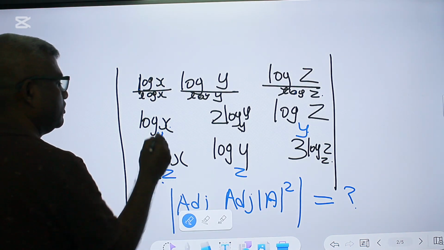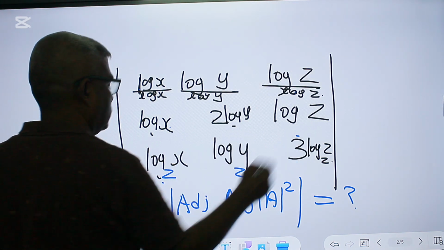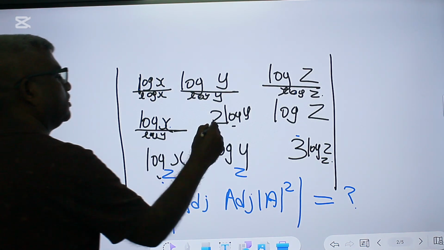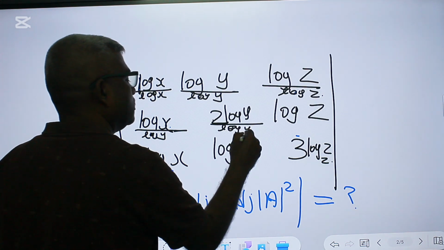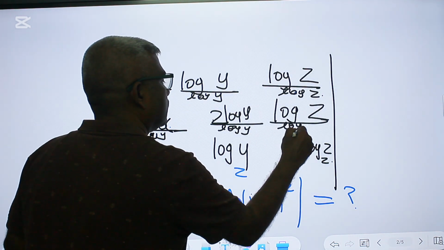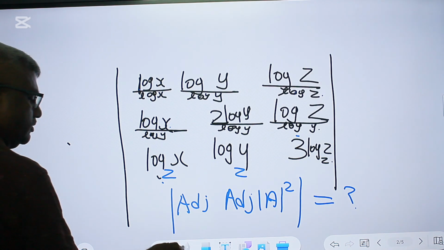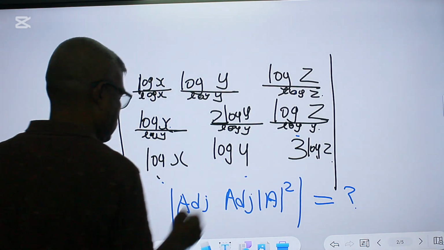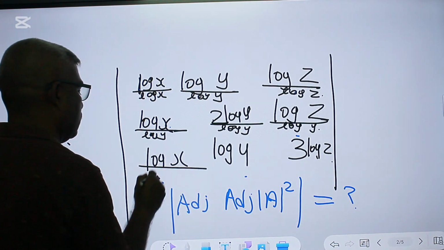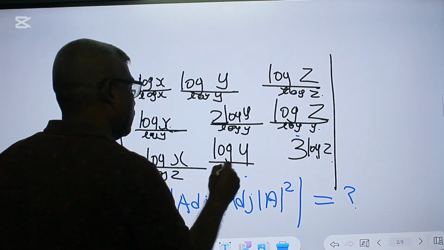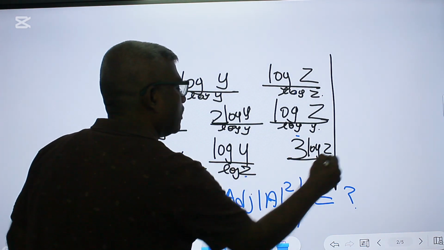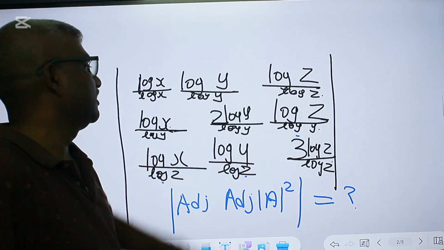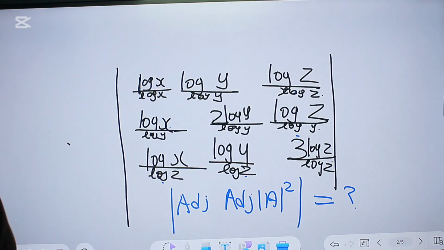The same way, log y, log y, log z, log y, log z, log z, log z. The base, what is there, I make it denominator. I make it as a fraction.